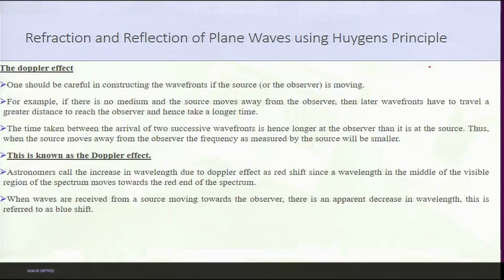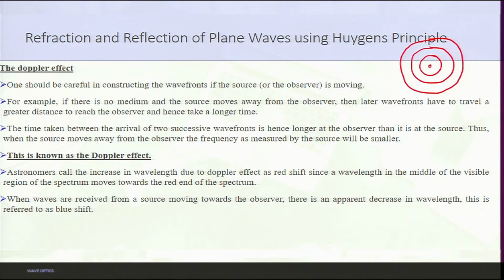Every time we do this geometric construction, the typical diagram we get is somewhat like this. So, this is the diagram we are talking about.